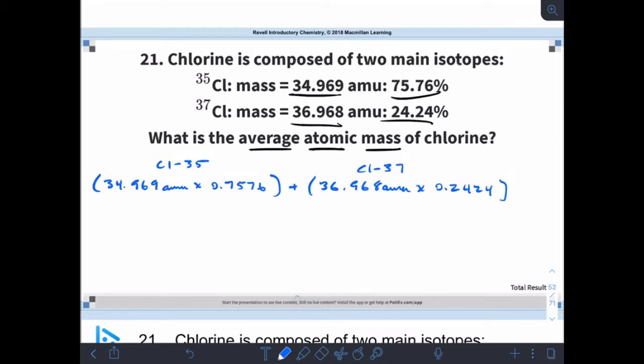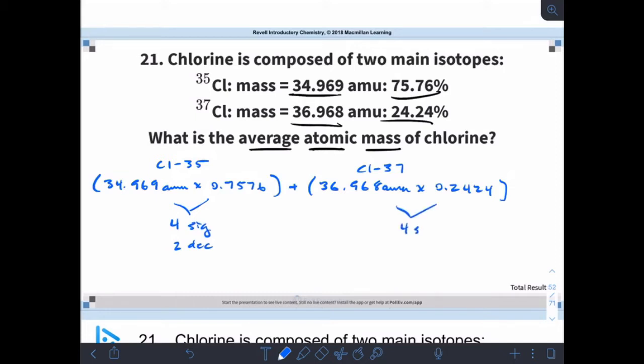So we have a sig fig issue. We still have to pay attention to sig figs, right? So when we do this part, we're going to get a number that has 4 sig figs, and it will end up with 2 decimal places. Same thing for this side.